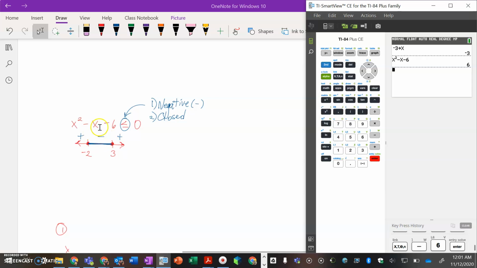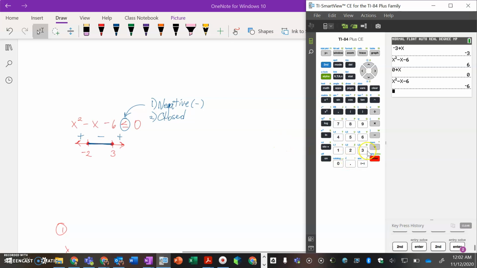Do the same thing with a number like 0. 0 doesn't even really need to be stored. You can store it if you'd like, but 0 is usually one of the easier values. When you store it, and then hit second enter a couple times, pull back the original quadratic, hit enter, and you in fact get a negative output. So negative outputs, that's what we wanted. That tells you you are going to shade in between these two or draw your number line accordingly.